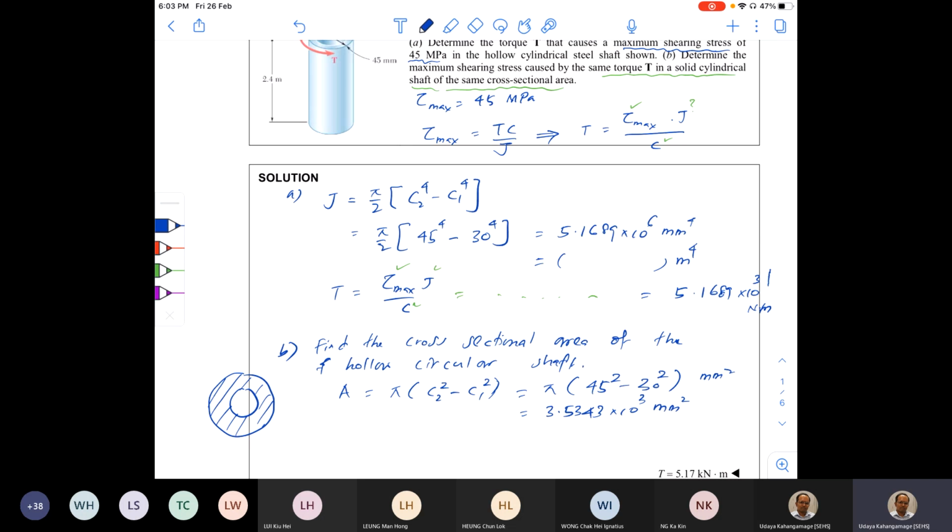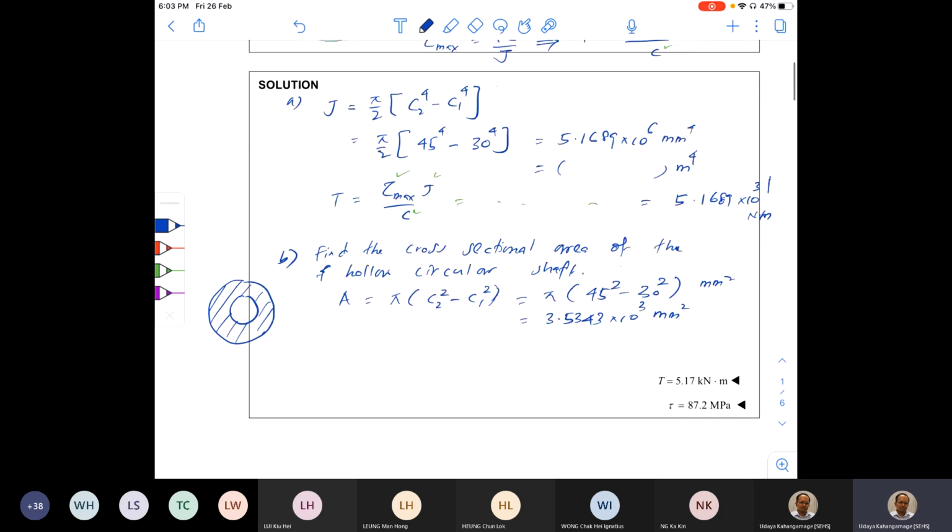Now I need to find out the details of the solid shaft with the same area. Let's say this is A2 and the hollow one is A1, and A1 is equal to A2.